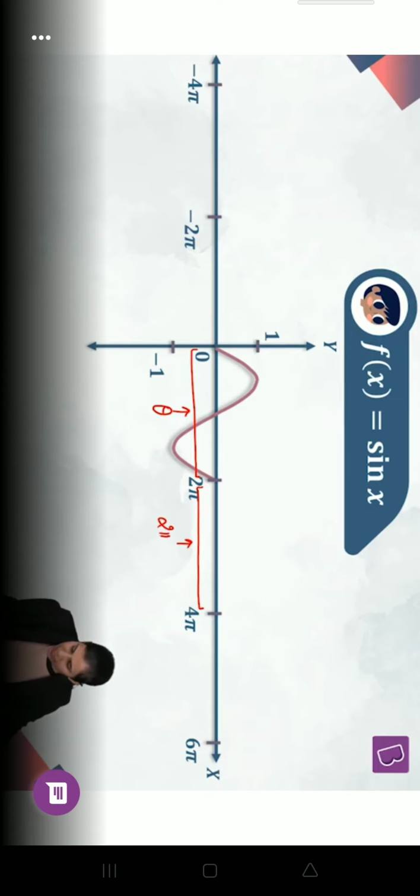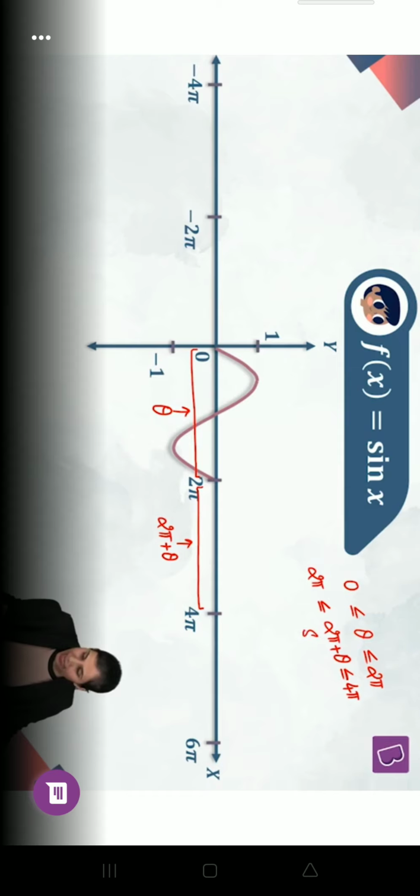You are getting that corresponding to all the angles theta in the interval 0 to 2 pi, you respectively have angles 2 pi plus theta in the interval 2 pi to 4 pi, such that sine of 2 pi plus theta is exactly the same as sine theta.